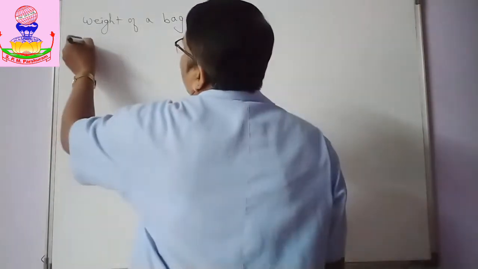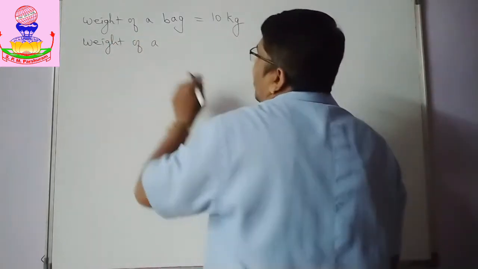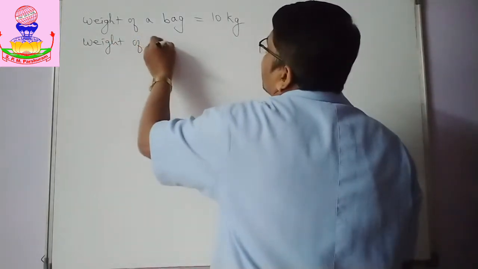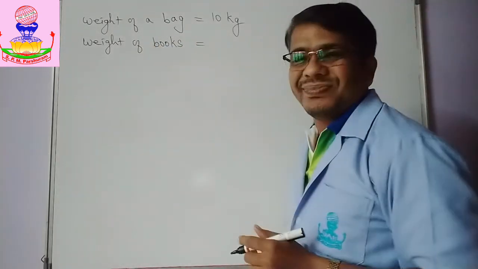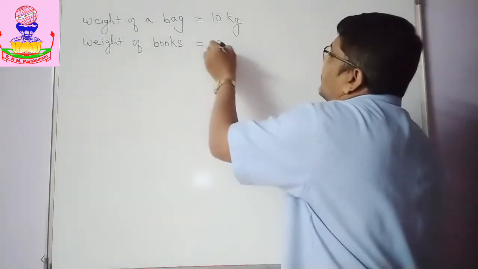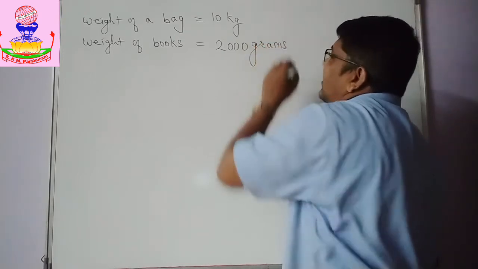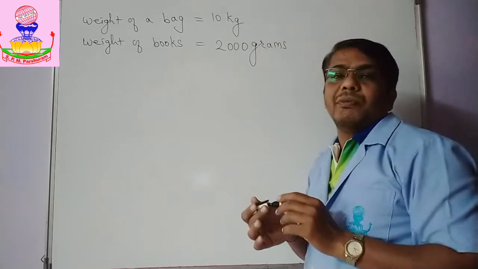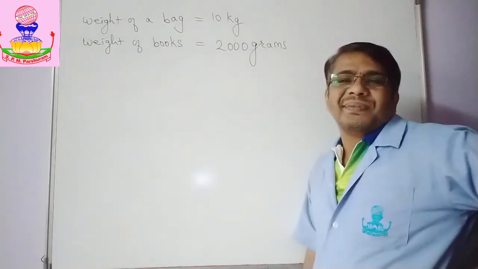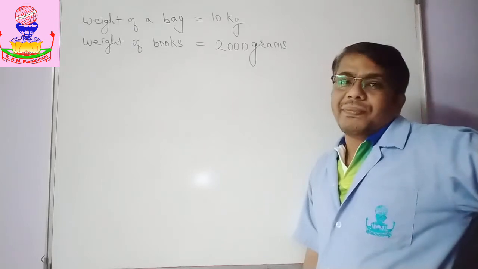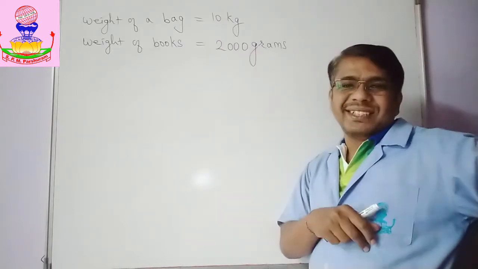And weight of books equals to 2000 grams. Find the ratio of weight of bag to weight of books. Now here, if you see, this is in kg and here it is in grams.